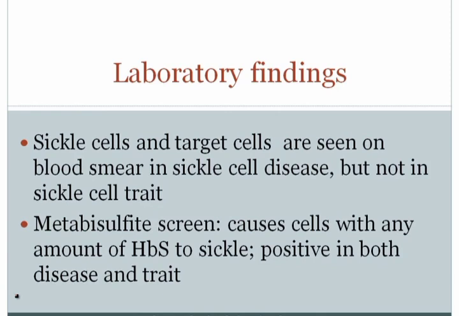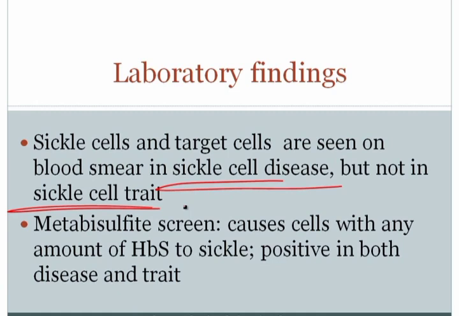Generally speaking, whether we're talking about sickle cell anemia or sickle cell trait, it's important to note some basic laboratory findings. Sickle cells and target cells would be seen in sickle cell disease, but not in trait. And you know that because in trait, the patients don't sickle, so we wouldn't normally see sickling red blood cells on a smear.